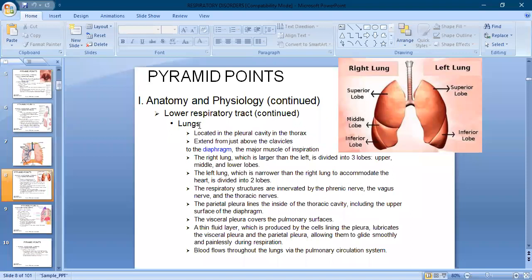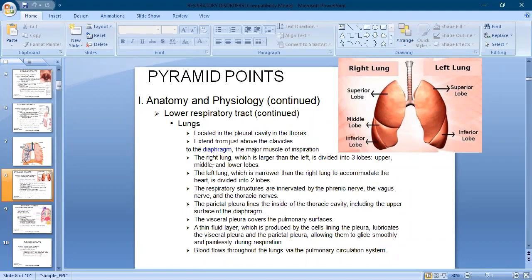So they said the lungs are located in the pleural cavity. Pleura is the lining of the lungs, extending from just above the clavicle. One of the bones on the top here is called the clavicle. Close to the clavicle is called the apex of the lungs, and this is called the base of the lungs, just above the diaphragm.